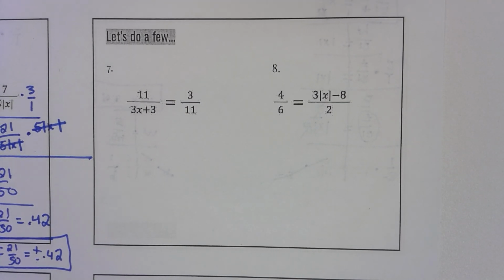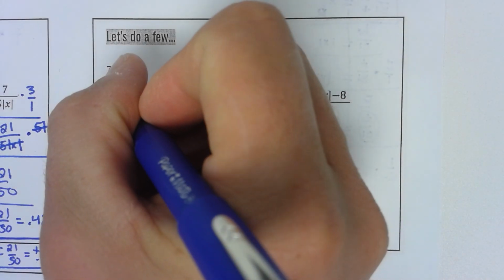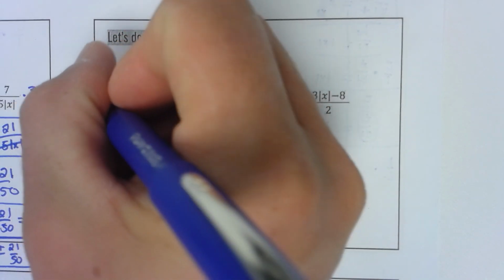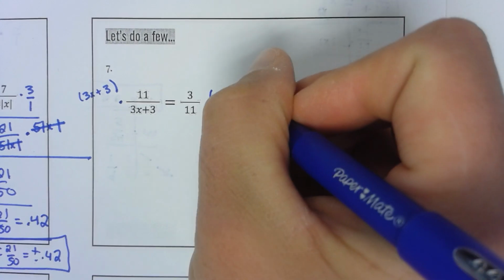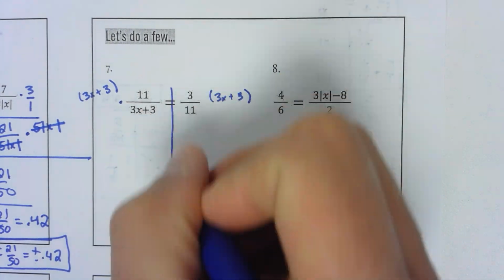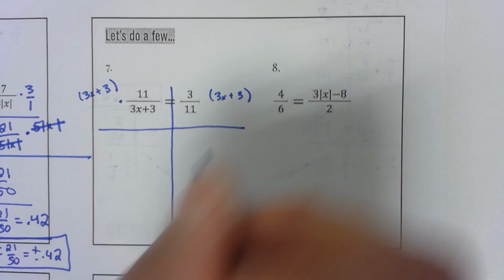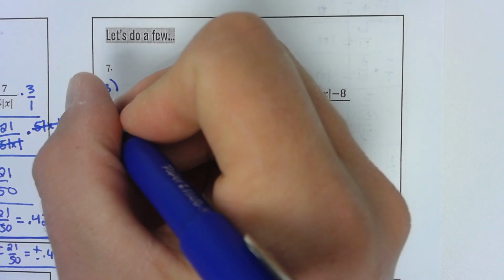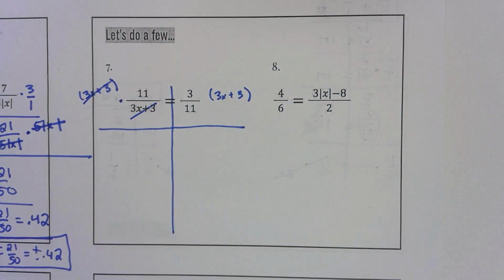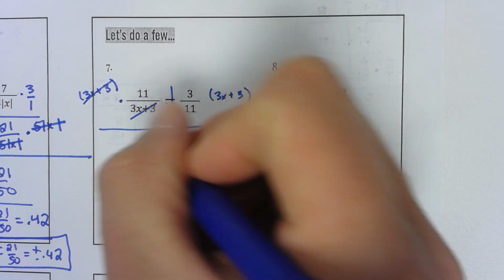So the first thing I'm going to work to accomplish here is get rid of the dividing by 3x plus 3. So I'm going to multiply both sides by that 3x plus 3. Now here's the part that we need to think about. The whole reason why we're multiplying by 3x plus 3 is to get rid of the dividing by 3x plus 3. So the left side is just 11.